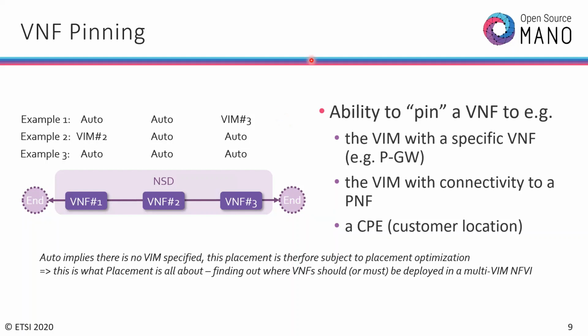So typically these things will then, I assume, come from OSS or even up in VSS, where you can maybe in some cases know these things, where things have to go depending on where users are or other things that influence these decisions. So again, what we do here is finding out where the VNFs should or must be deployed in a setup where we have multiple VIMs.